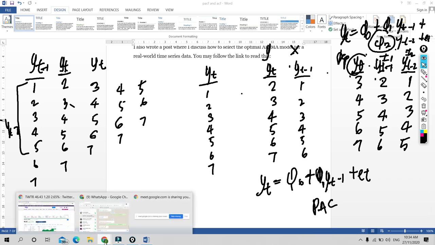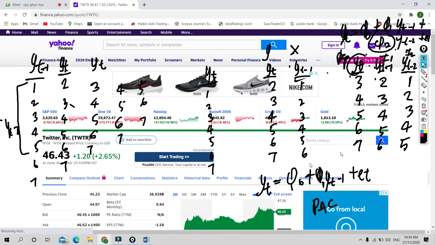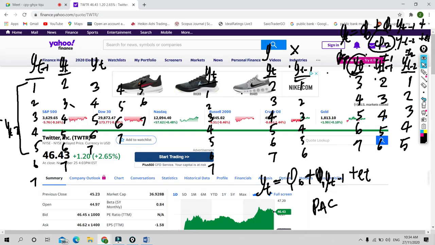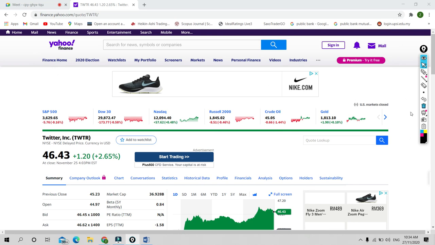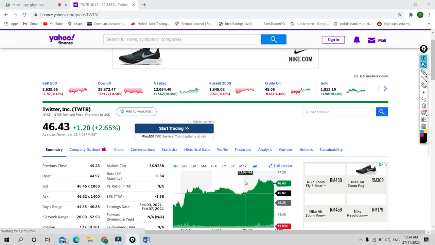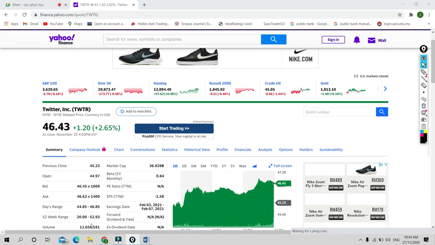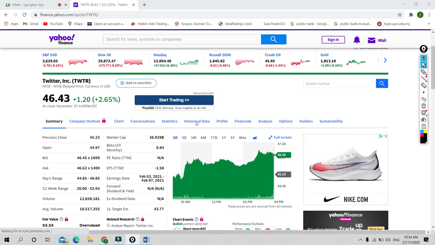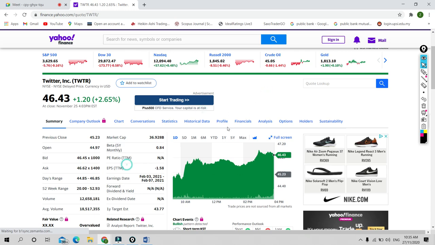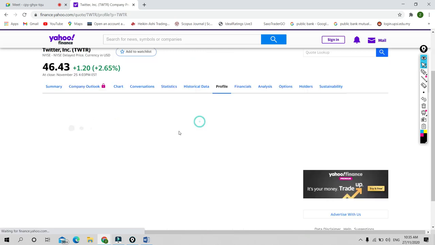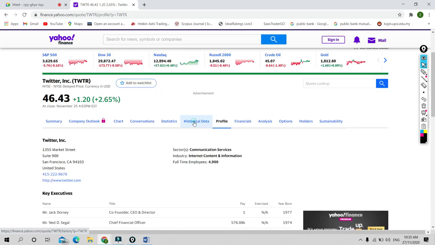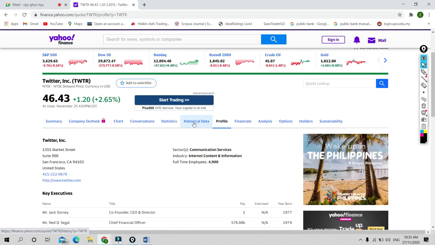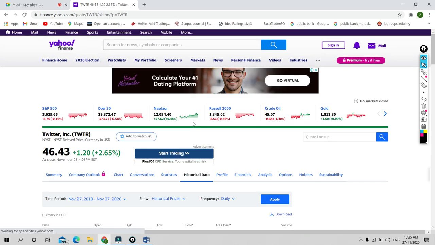On Saturday and Sunday there is no stock exchange. The market is closed. So normally it's for 1 year, from 27 November to 27 November this year. So you have approximately around 200 data. So I just download the 200 data here.